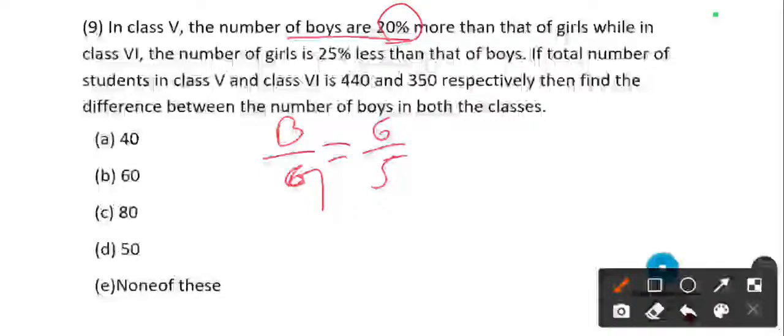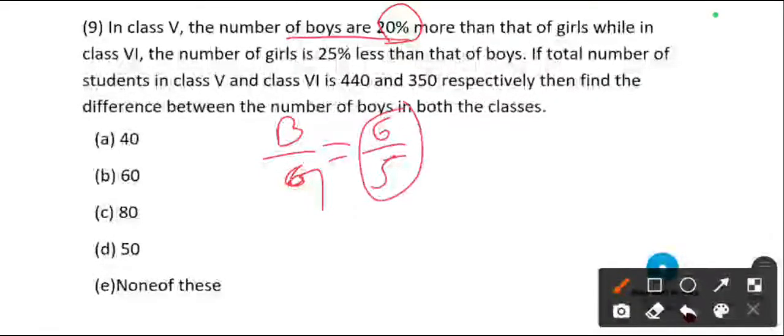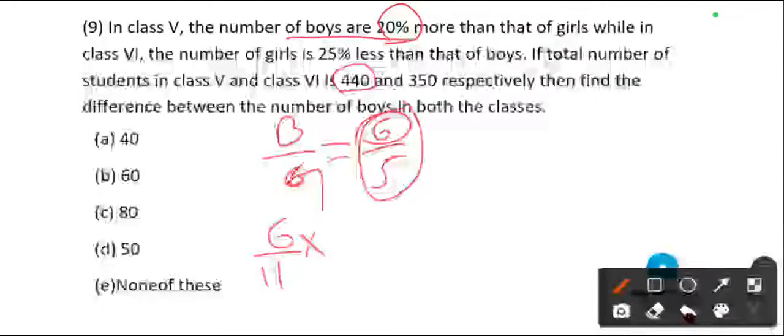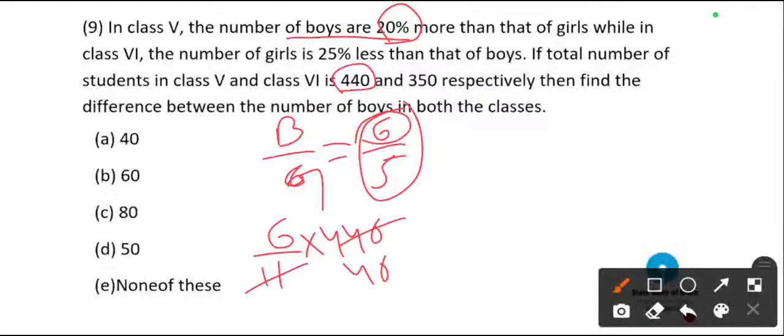So boys and girls ratio is 6:5. So totally here in class 5 we have 440. So boys will be 6/11 of 440, which will be 240. So 240 are the boys in class 5.